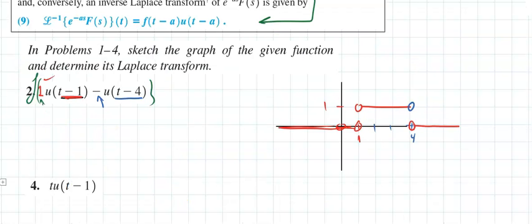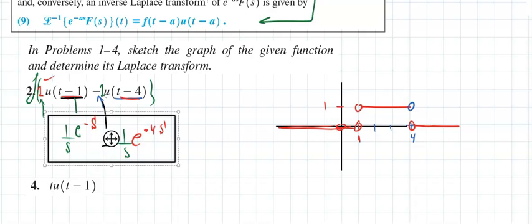So there's a 1 in front of this. The 1 gives you 1 over s, and this gives you e to the negative s. Minus, there's a 1 in front of this, and when you apply the Laplace on that, that's 1 over s, and this is taken care of by e to the negative 4s. So that's the Laplace transform of this.